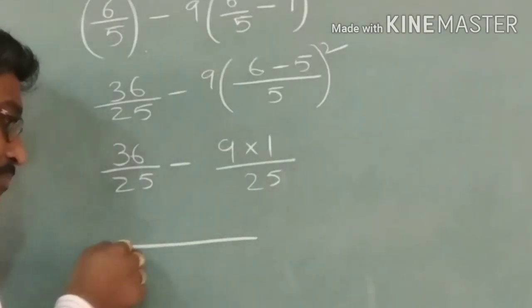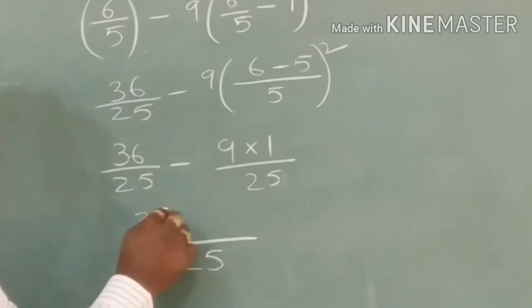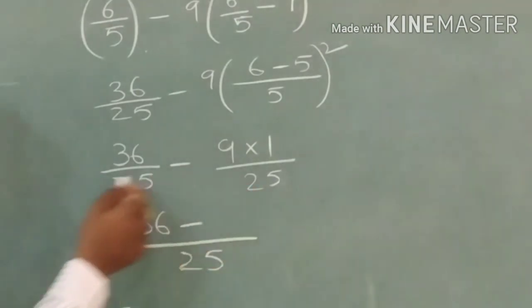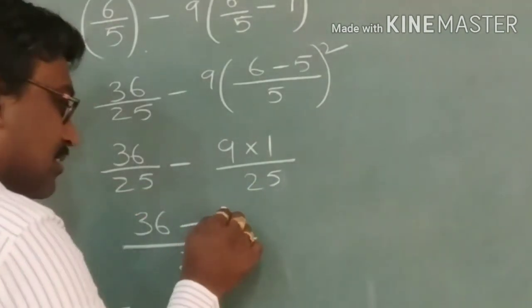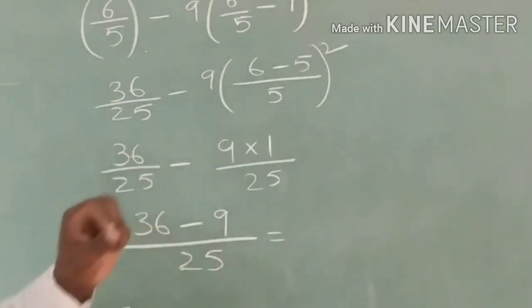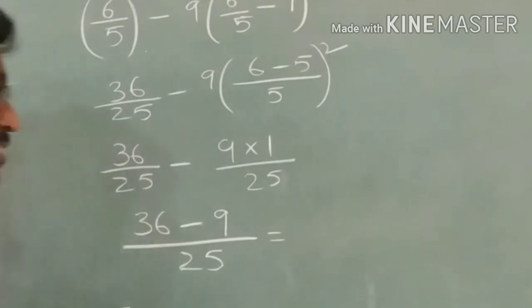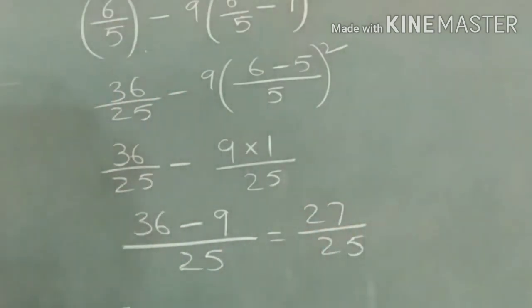Now what is the LCM? 25. So 25 in 25, one time. Since the denominators are the same, directly you can subtract the numerators. Okay, 36 minus 9, the value is 27 by 25.